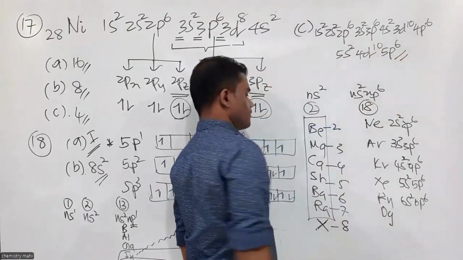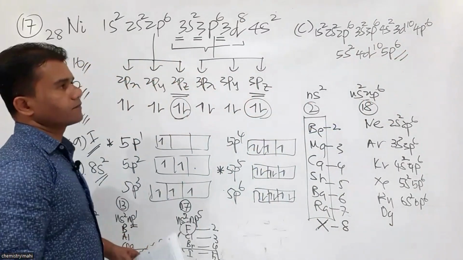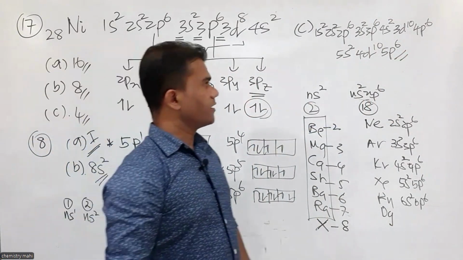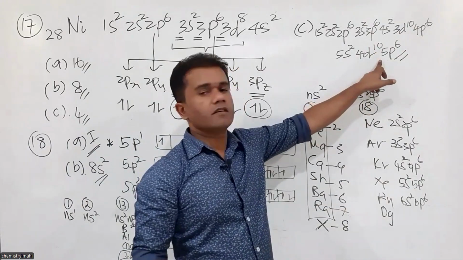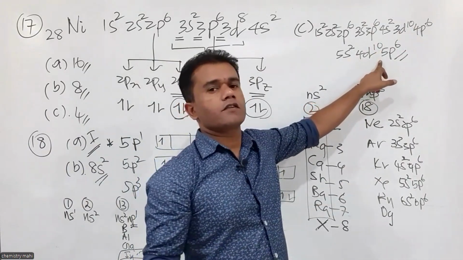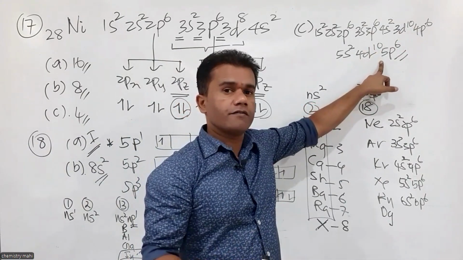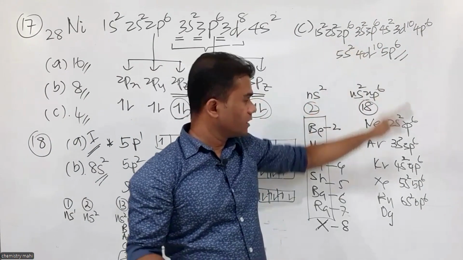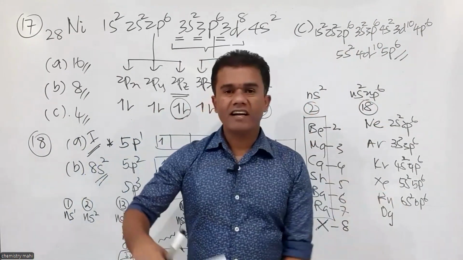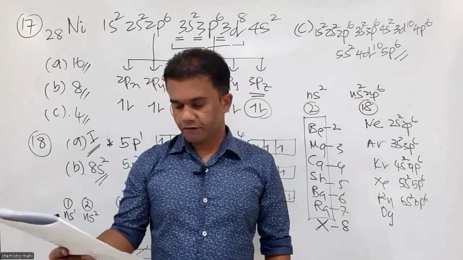That's the configuration of xenon. After 5p, it's 6s2, but here we don't need that. Just writing the configuration for xenon will be enough.